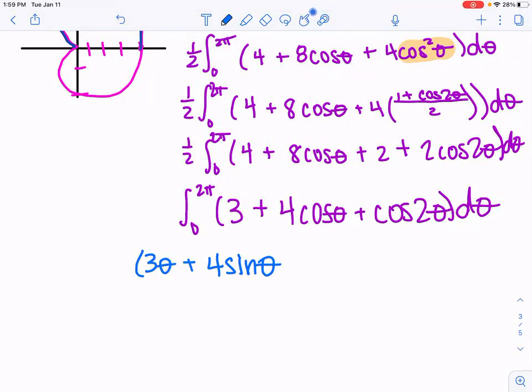Rachel, antiderivative for cosine of 2 theta. Can it be 2 theta? And you said it's negative? Why? Are you sure? Why?